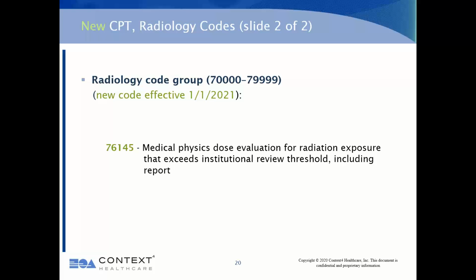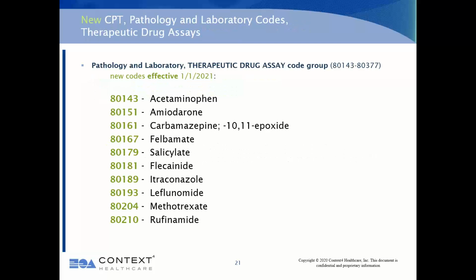The medical physicist verifies that the threshold was exceeded, reviews any available literature related to the anticipated dose response, independently reviews the radiation measurements of the equipment used, and then reviews the procedure with the physician and the imaging staff. We are watching out for more detailed information on this code from the American Association of Physicists in Medicine and the American Society for Radiation Oncology.